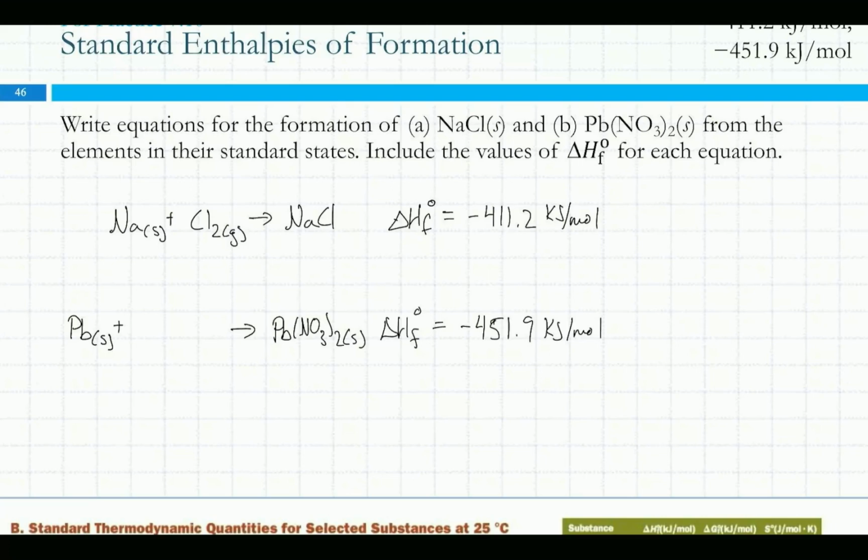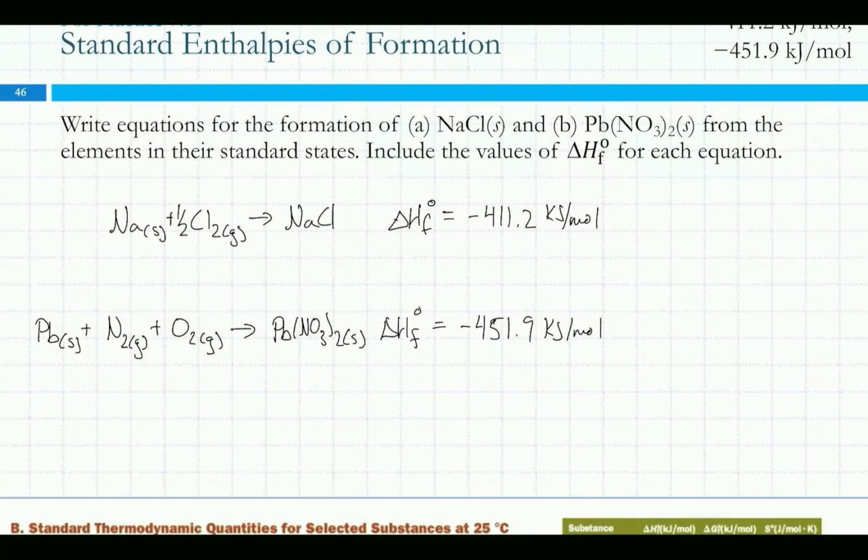Nitrogen. Oh, and actually, I should have put a half there. Nitrogen, though, is going to be N2. And then oxygen, O2. And then we need the correct coefficients for those to make 1 mole of lead nitrate.